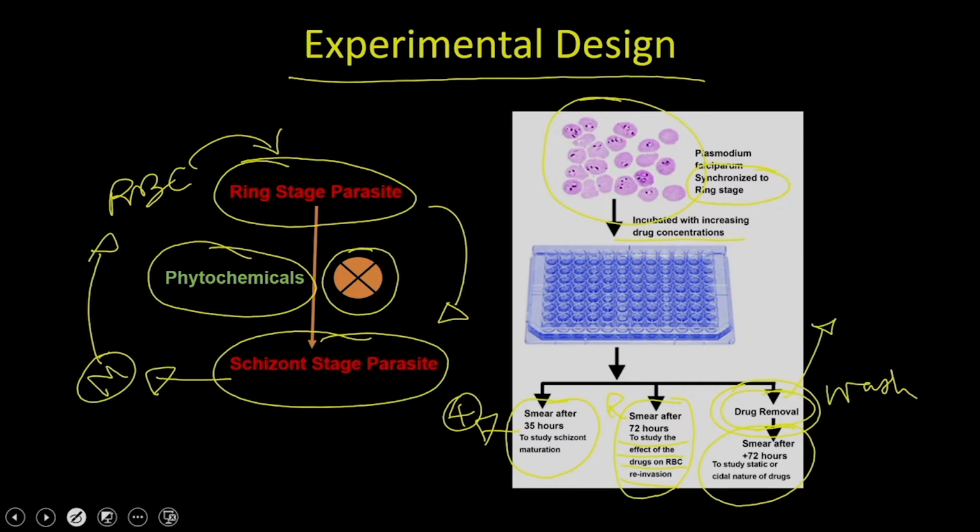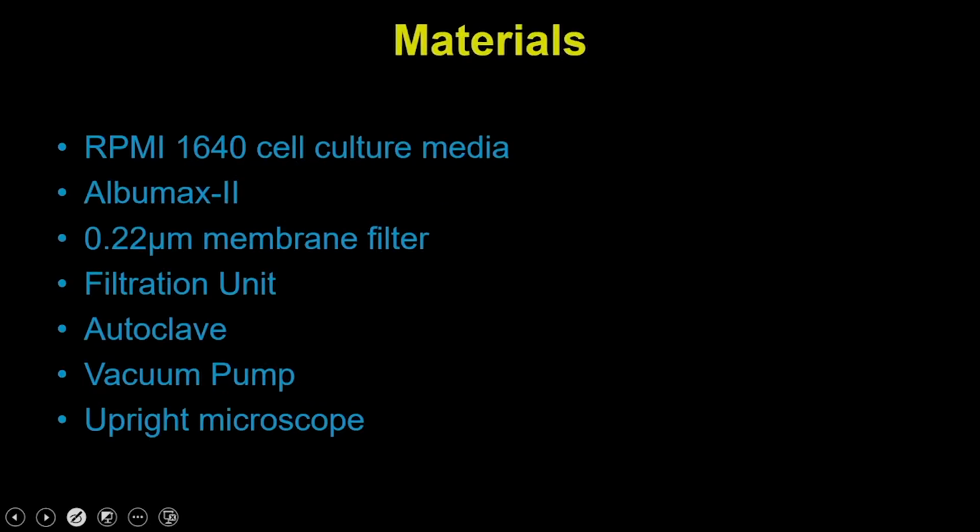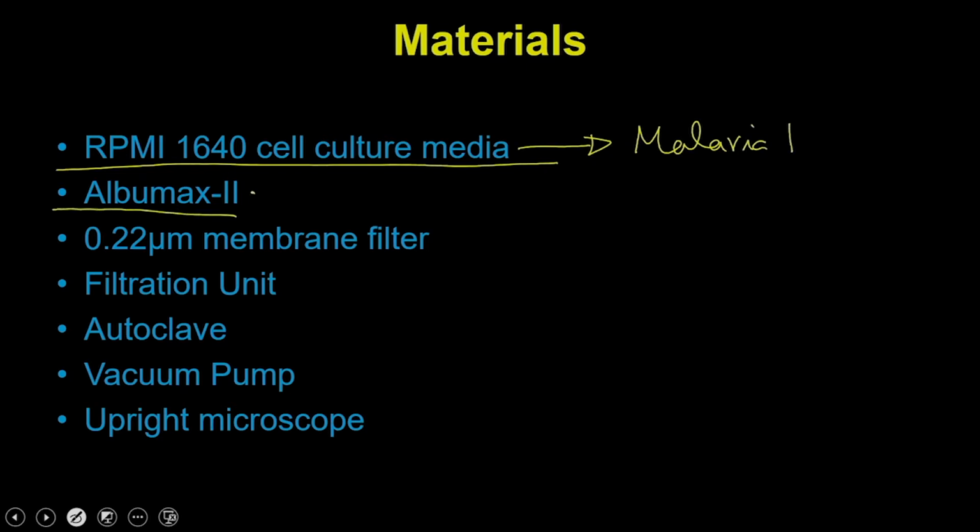To perform these experiments, you require media like the RPMI 1640 cell culture media, which we require to culture the malaria parasite. Then you require Albumax II, which is a powder required for propagation of the malaria parasite.